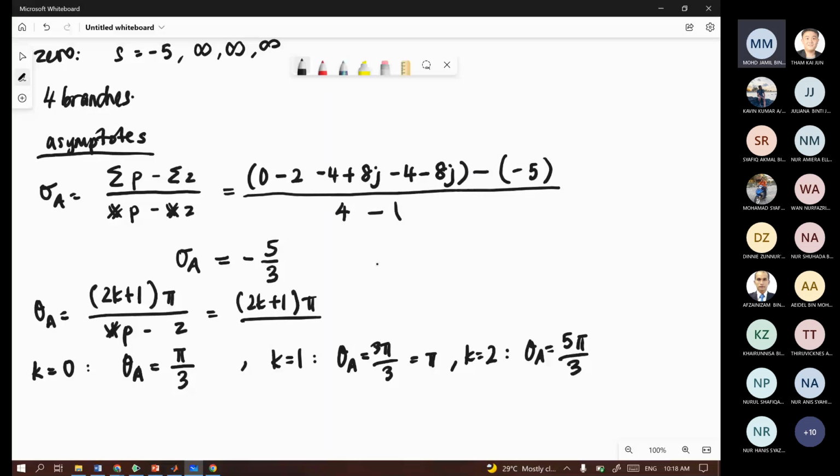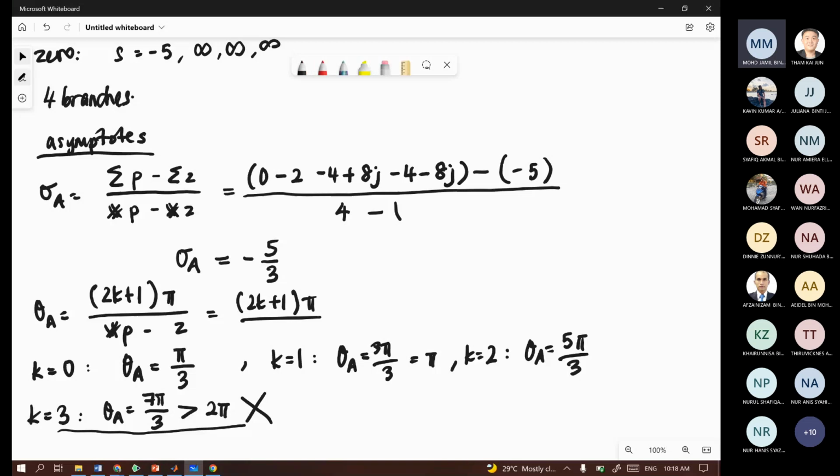And then at k equals 3, you get theta A equals 7 pi over 3. So this is more than 2 pi, so we don't take this value. Okay, we stop calculating at k equals 3. So there are three asymptotes only: pi over 3, pi and 5 pi over 3.